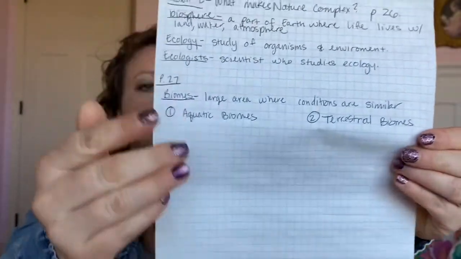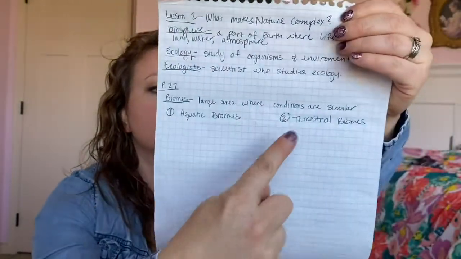So, there are two sets of biomes. One set is aquatic biomes. And the second set is terrestrial biomes. So that's how I wrote it. So aquatic biomes, terrestrial biomes. Okay?